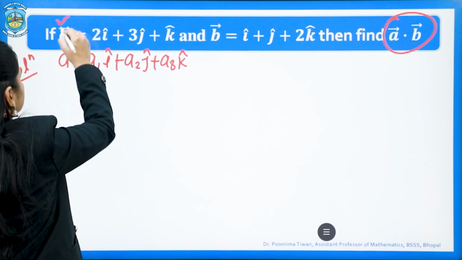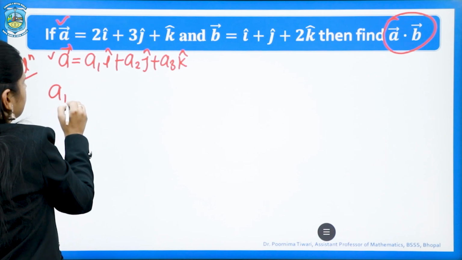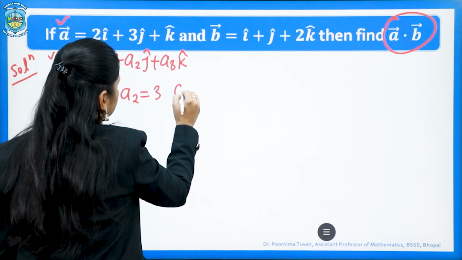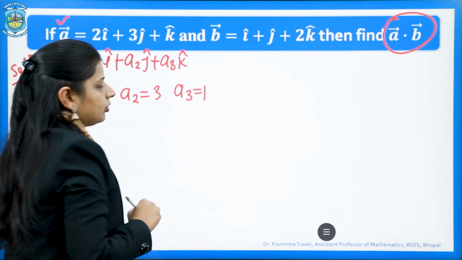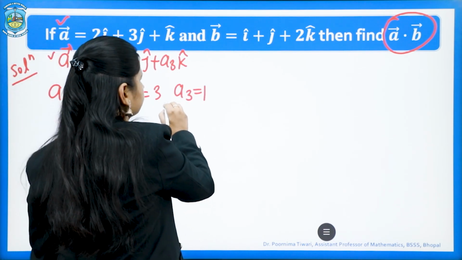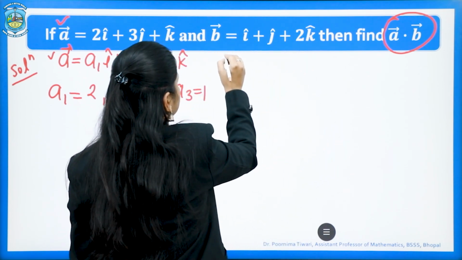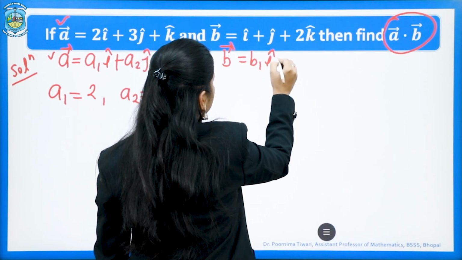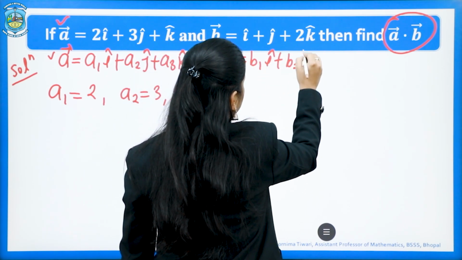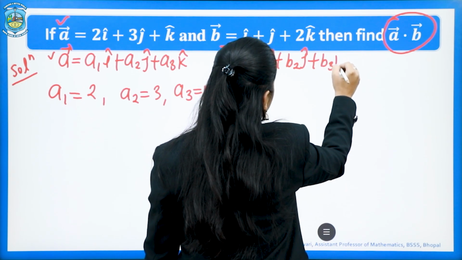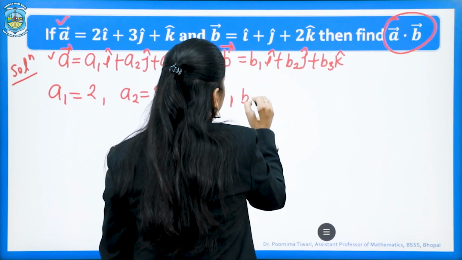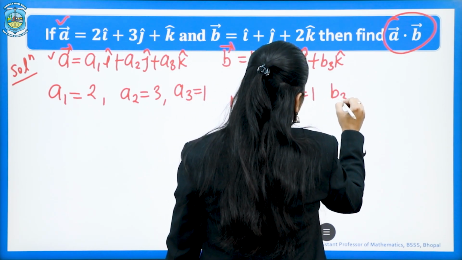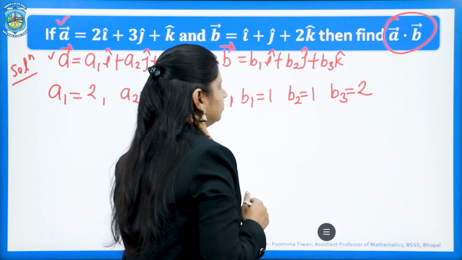Now, on comparing these two vectors, we get A1 is equal to 2, A2 is equal to 3 and A3 is equal to 1. When we compare this vector B with the standard vector B1 i cap plus B2 j cap plus B3 k cap, B1 is 1, B2 is 1, B3 is 2.